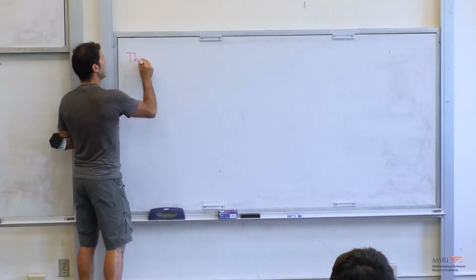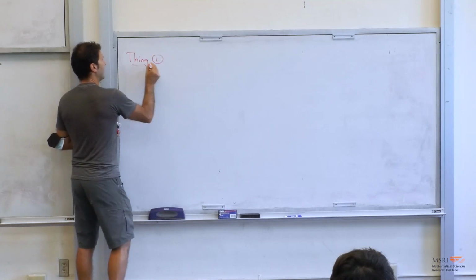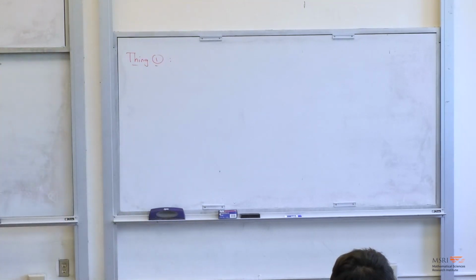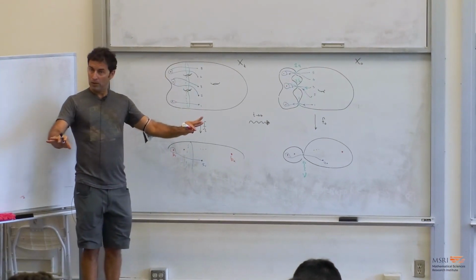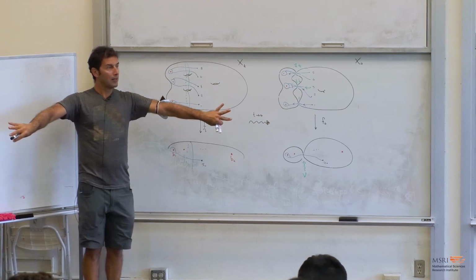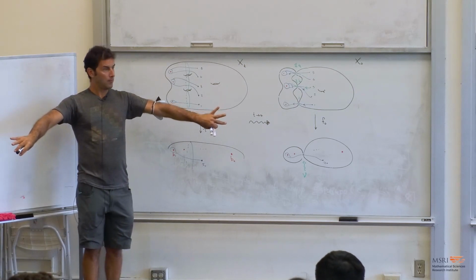Thing one is that this is a degeneration formula for splitting a genus 0 curve into two genus 0 curves and separating part of the branch points.